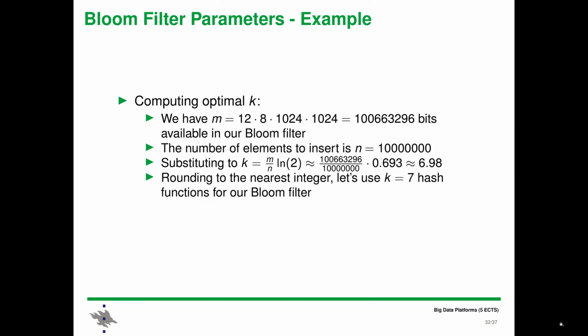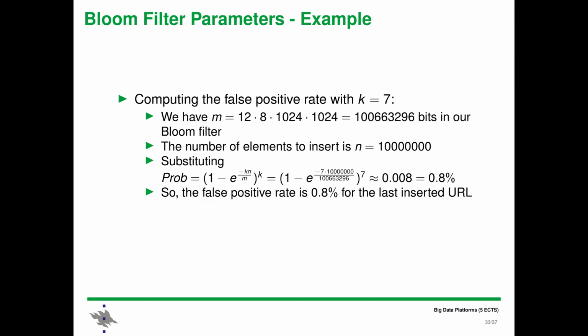Then if we take the formula, 100 million divided by 10 million times 0.693, we get roughly 7 hash functions being the optimal for this. And then if we plug in the numbers to the previous formulas for computing the false positives, we get 0.008, which is 0.8%, the probability of a false positive for the last inserted URL.